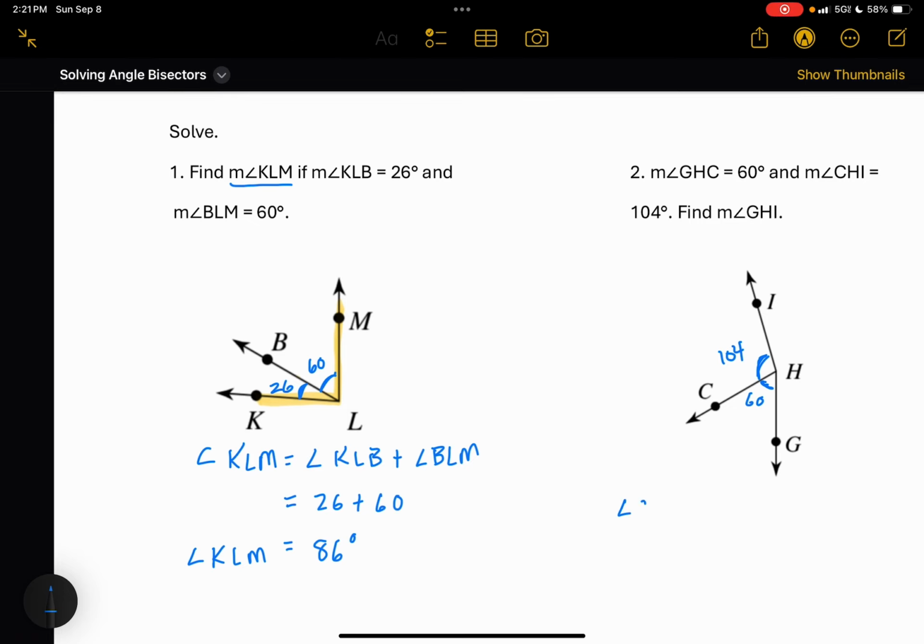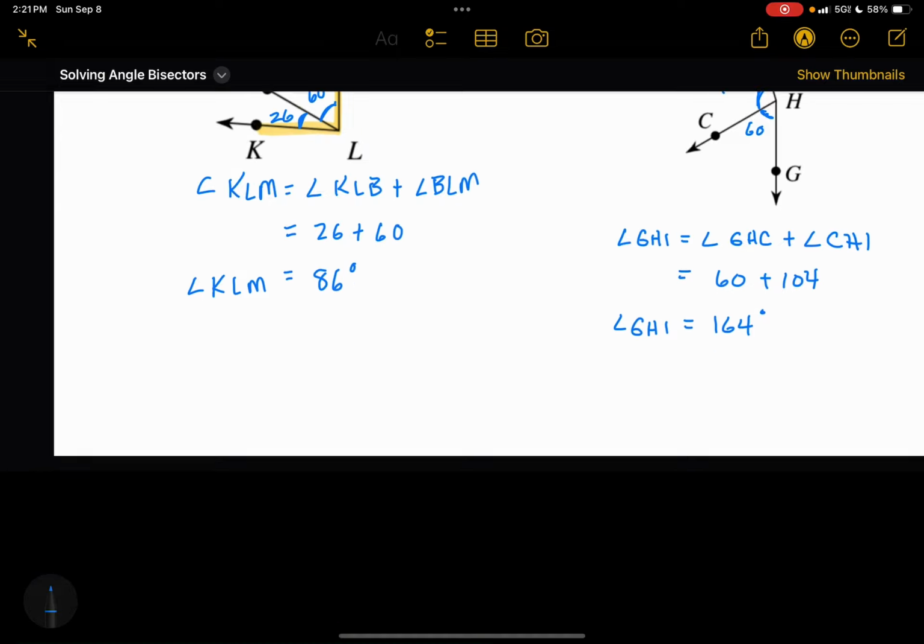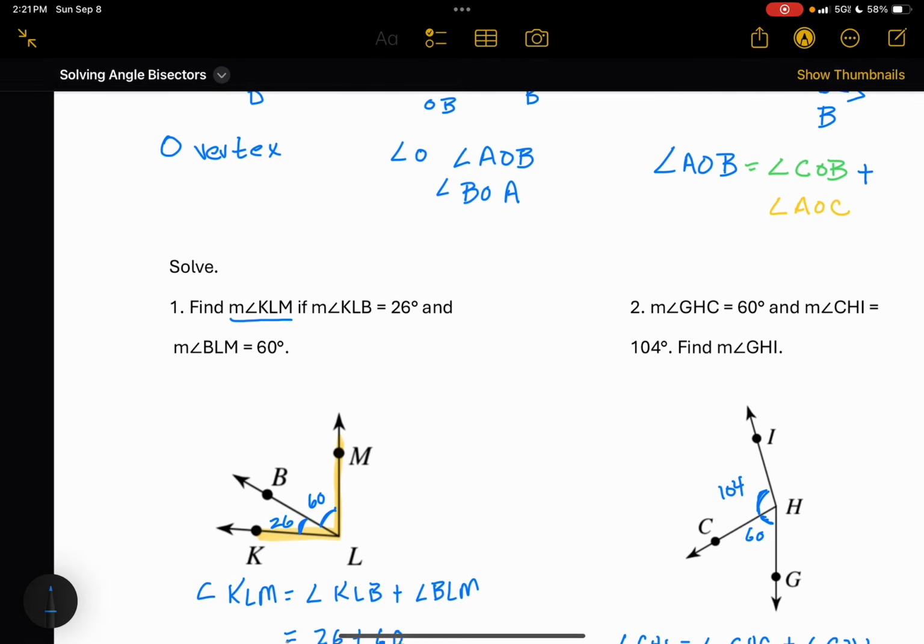So angle GHI is equal to angle GHC plus the angle CHI. We have 60 plus 104. So the angle GHI is going to be equal to 164 degrees.